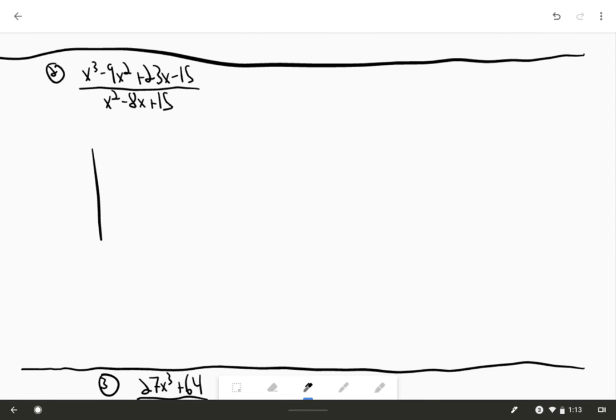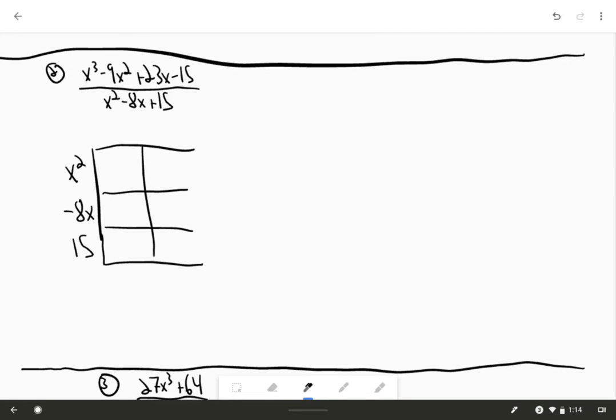I'm going to remember I put the denominator along the side of the box: x squared minus 8x plus 15.